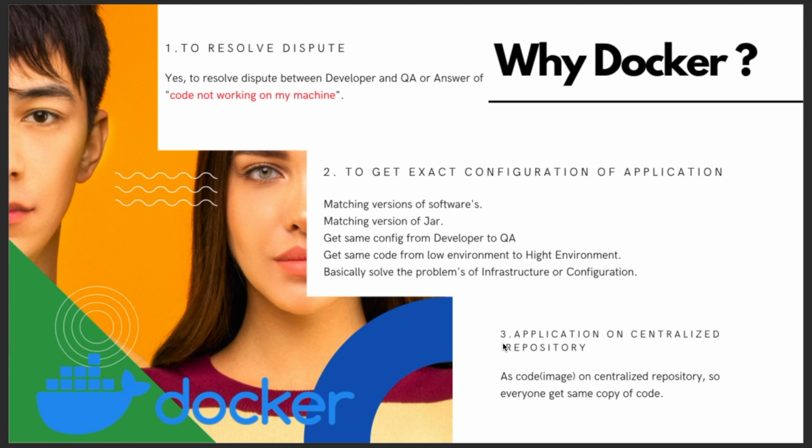So getting the same code from the low environment to the high environment is the main factor that Docker has resolved. It resolved the problem of infrastructure and configuration. And how does it resolve this problem? Docker has functionality to keep your images in a centralized place. It's a centralized repository, you can say, and it gives the same copy of the code to everyone.